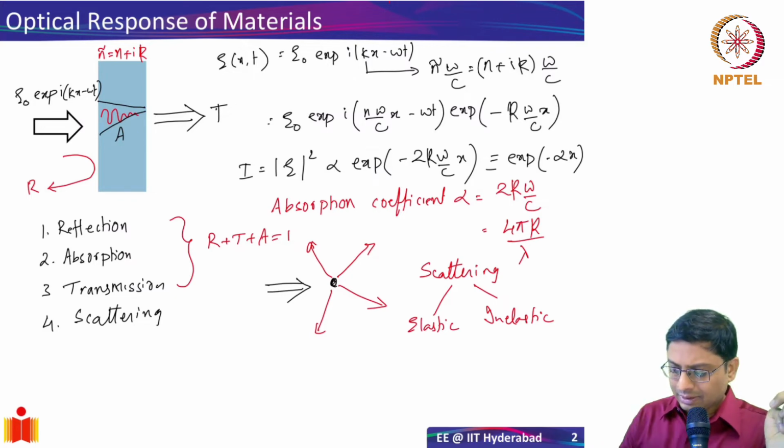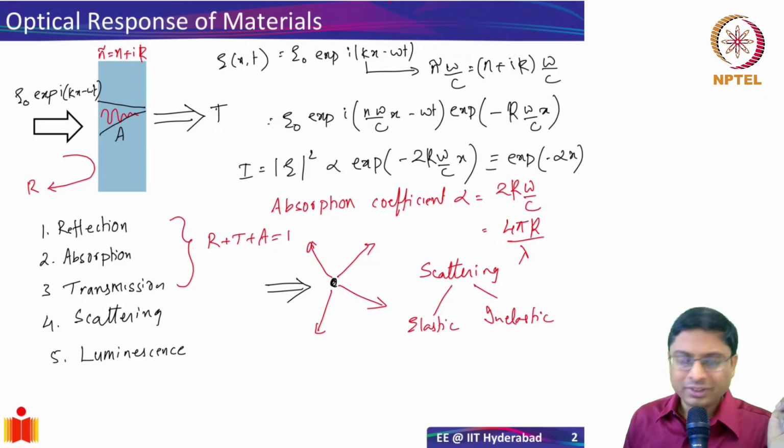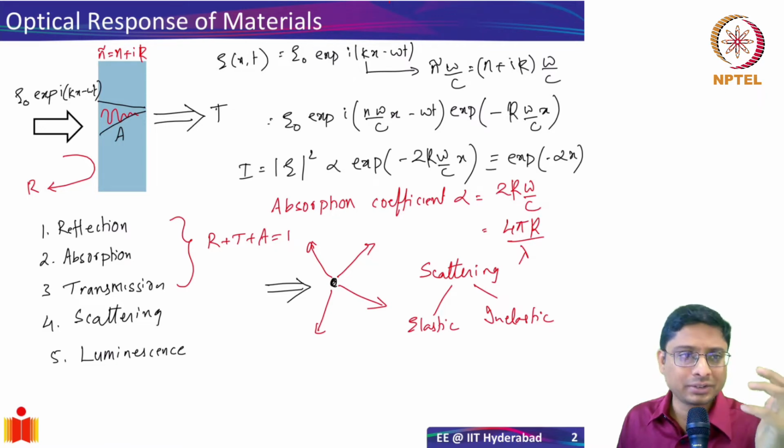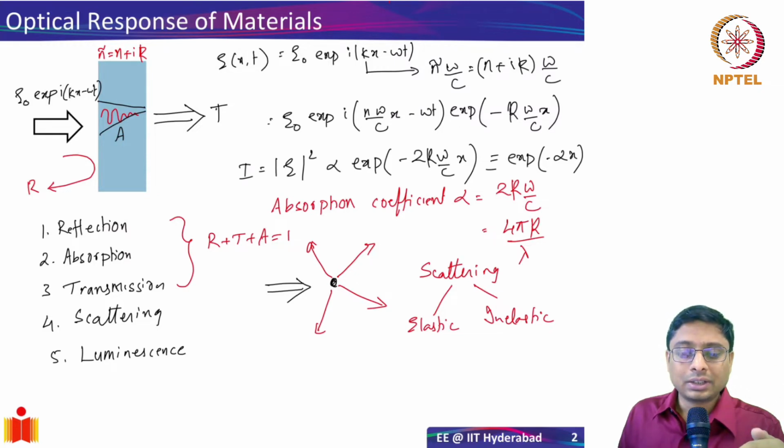And one more phenomenon that can occur is called luminescence. Luminescence essentially means that you have a higher energy photon that is incident, and it excites certain levels in the material, and then the energy is re-emitted at a slightly lower energy.